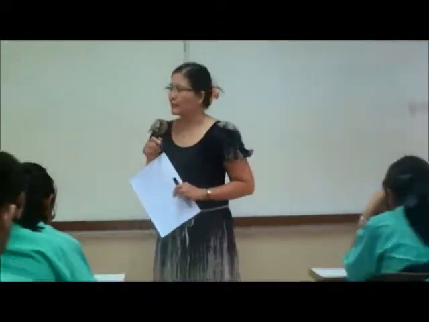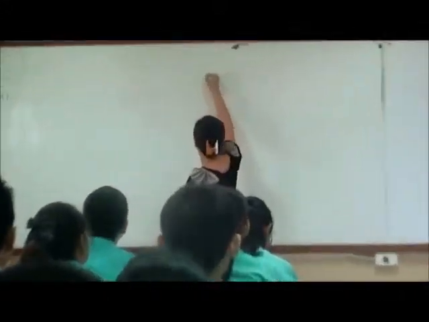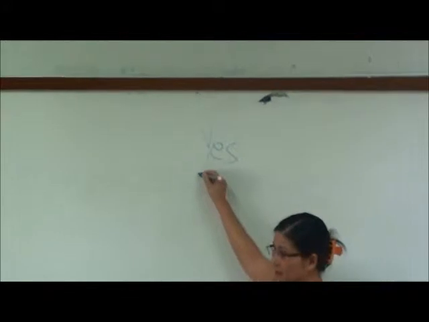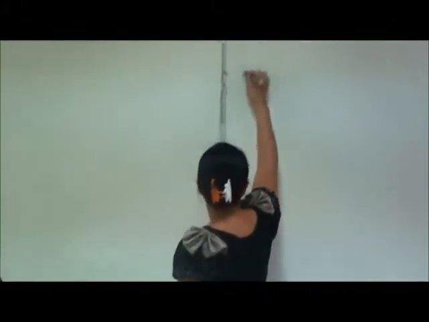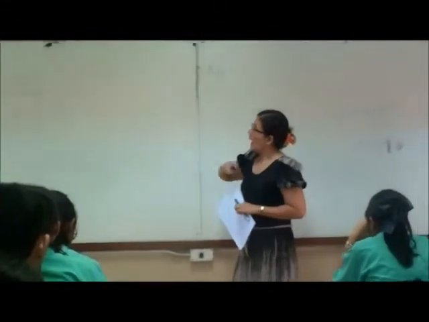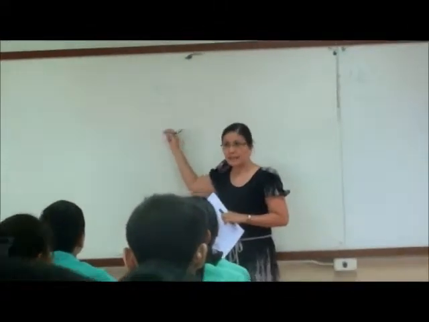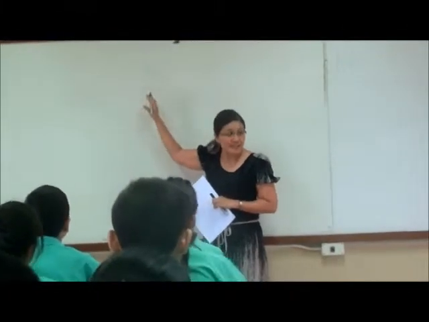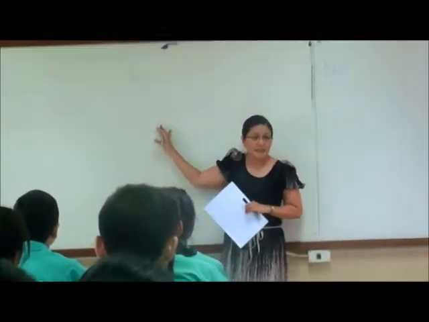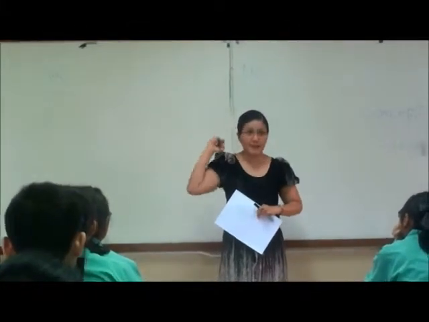Okay? I will give you examples. I will have this column, which is yes and no column. I will write example sentences here under yes. It means the examples here support the concept I have in mind.